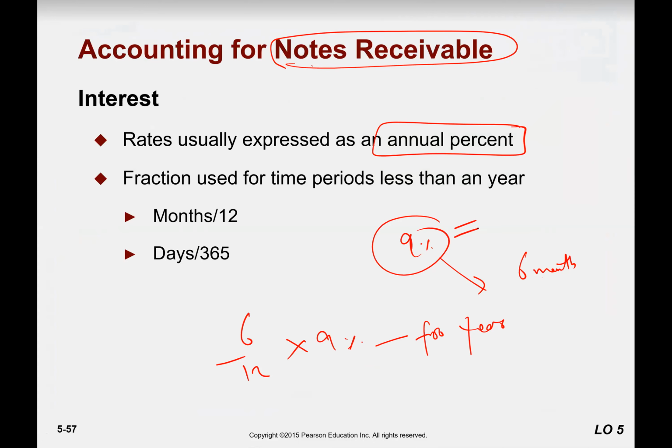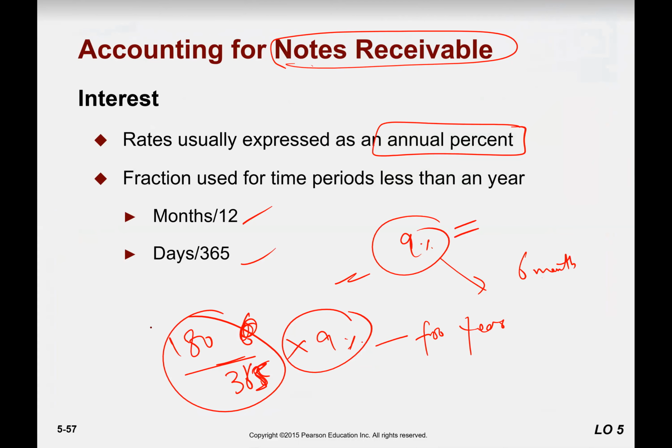If you want to use it on a daily basis, then how many days are in 6 months? 180 days divided by 365. You can just find out the per day or per month interest rate as well. Just multiply by the appropriate proportion. That's it.